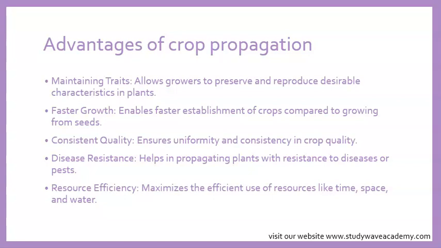Same quality ensures consistent and uniform crop quality. Disease resistance helps in propagating plants with resistance to diseases or pests. Do we understand? Grows plants that can resist diseases. Disease defense, okay?